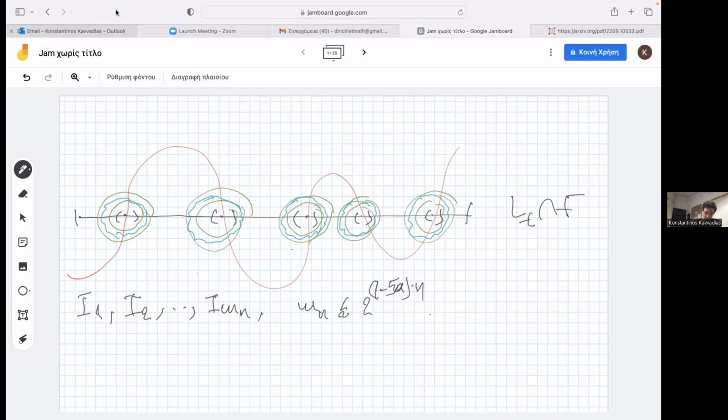For simple topological reasons, the diameter of the image of the intervals I_j under the function f is at most the diameter of the image of the paths gamma_j under f.